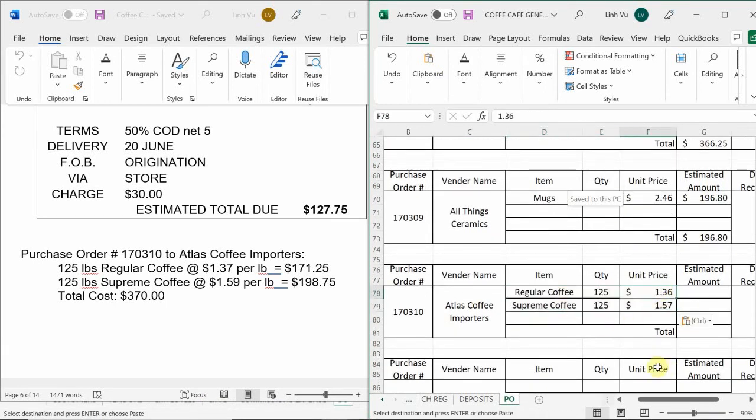Okay, but this time it's $1.37 and $1.59. Giving us a grand total of $370.